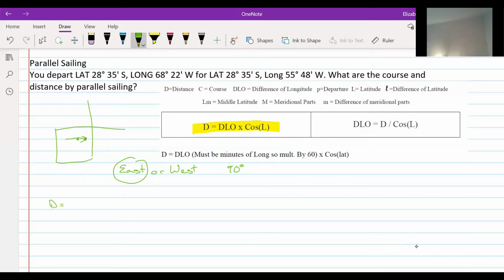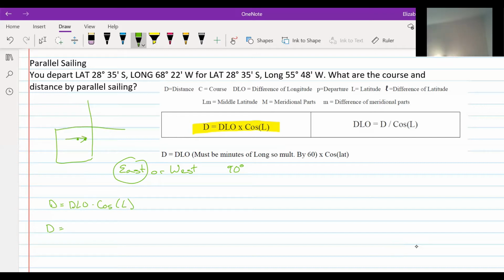D equals D long times cosine of L. I always like to write the formula I'm going to be using on the paper because it's good to know when you're going back and looking for your notes to see, oh, I used this formula for this problem. D equals distance between longitudes.